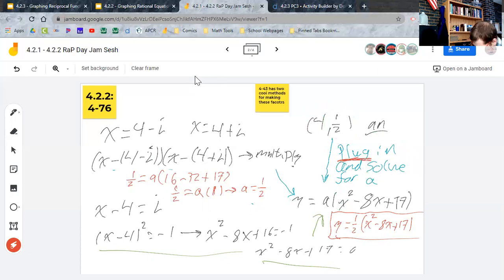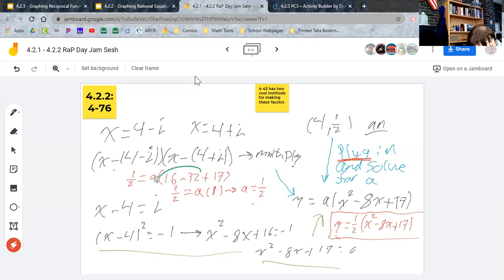So when I do that, coming over here, I get 1/2 is y equals a, because it's some stretch value. I just don't know what it is. I have to find out what that value is going to be. Then I have 4 squared, which is 16, minus 8 times 4, which is negative 32, plus 17.